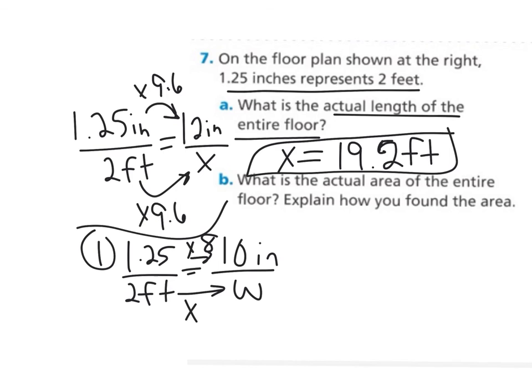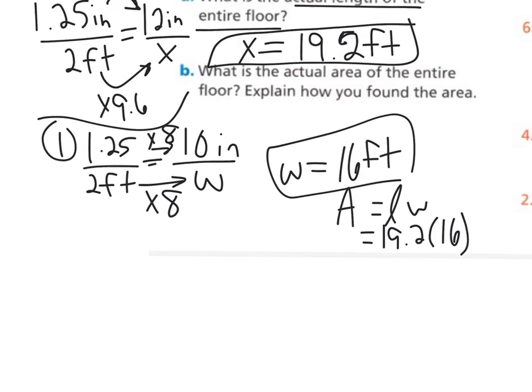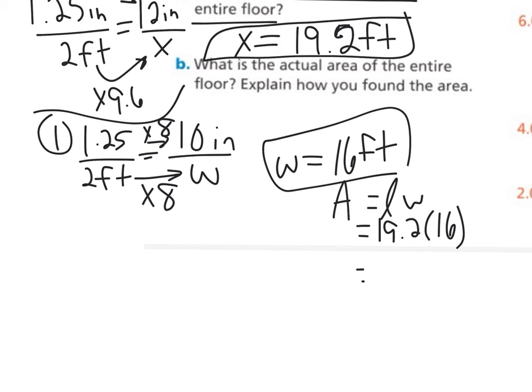If you do 10 divided by 1.25, you get 8. So the width would be 16. And then the area would be multiplying together. So you do 19.2 times 16, which would give us an area of 307.2 square feet.